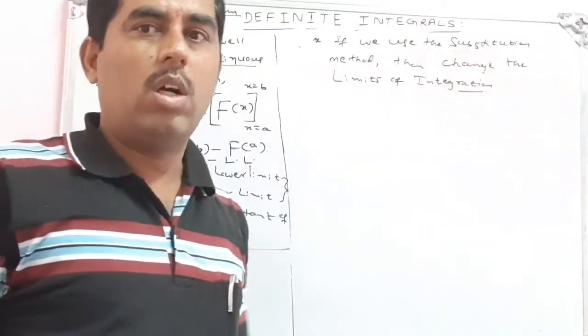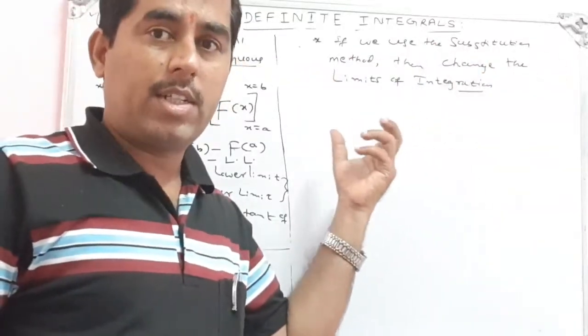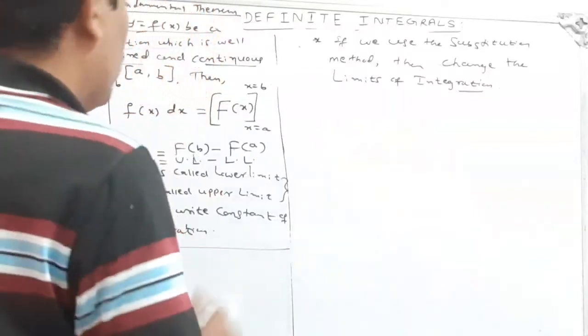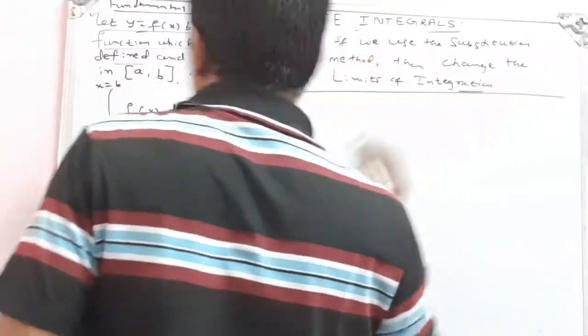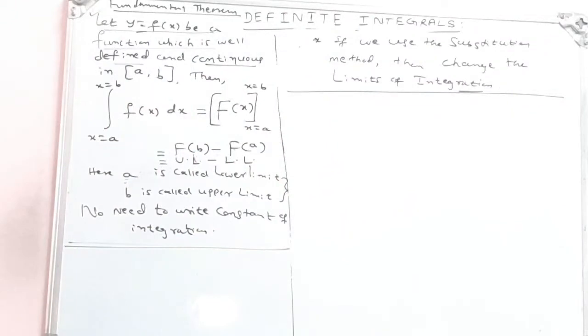That we shall do when we take up the examples related to that. In this class we haven't taken any examples by the substitution method, we are only using the direct formulas.